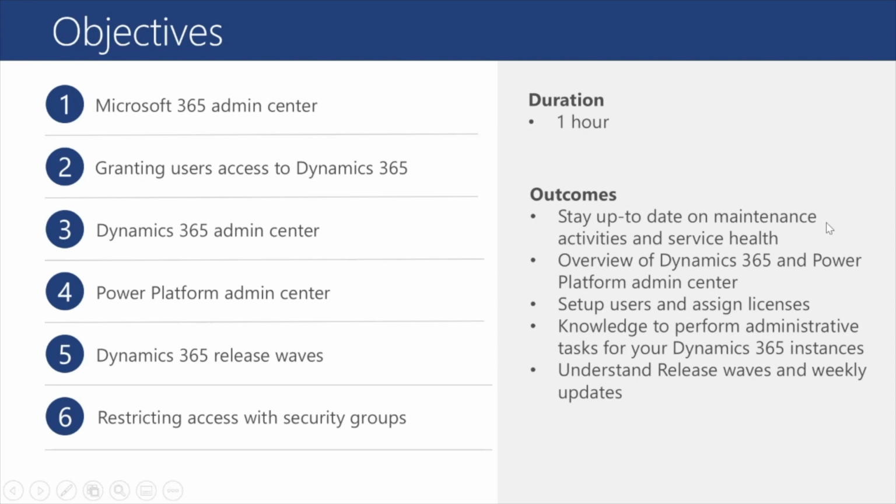We will also talk about the processes of setting up users to access Dynamics 365, and then we will focus on Dynamics 365 Admin Center and Power Platform Admin Center. Basically, those are the two tools to manage Dynamics 365 instances and components. We will also talk about Dynamics 365 release waves and updates. And finally, we will talk about restricting instance and record access using AD security groups.